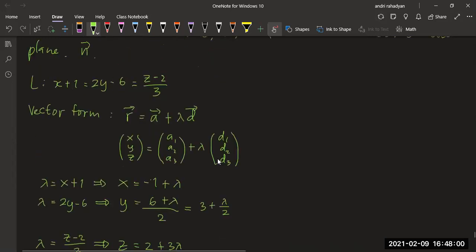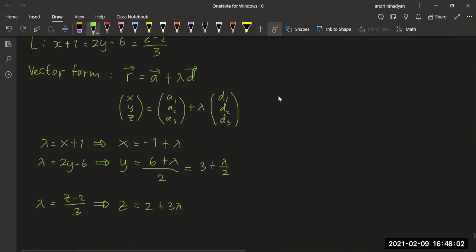And in vector form, we have x, y, z equals minus 1, 3, 2 plus lambda times 1, 1/2, 3. So a is negative 1, 3, 2.